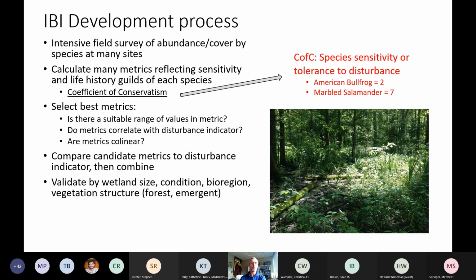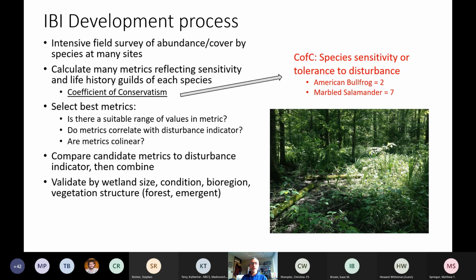And then you're doing that across many sites, so hundreds of sites that were used in the development process. So you don't need to use hundreds of sites to apply this. Since it's been developed, you can just take it, go to a single wetland, do an assessment, and plug in the values that you find and get a score and a category ranking for an individual site.